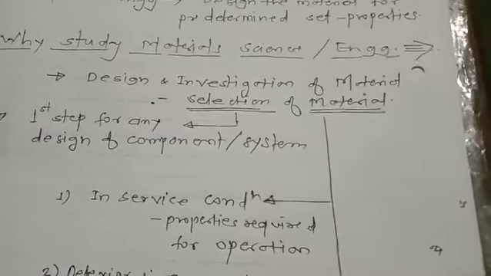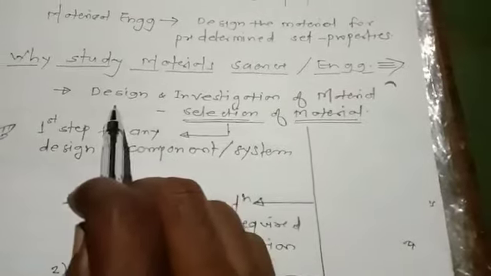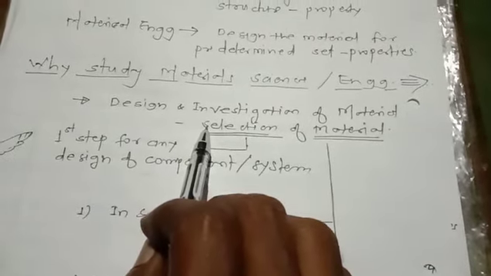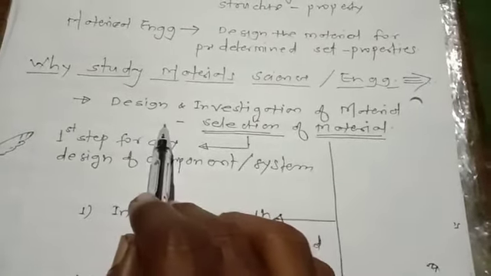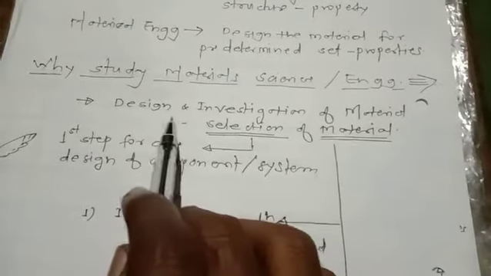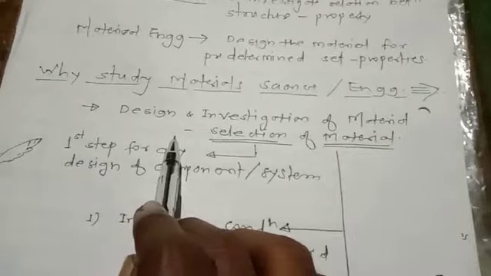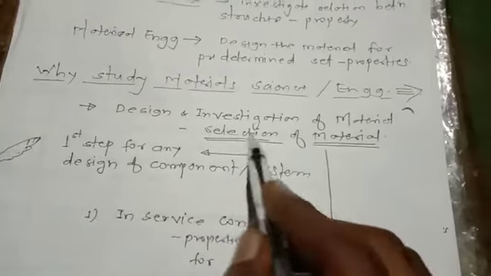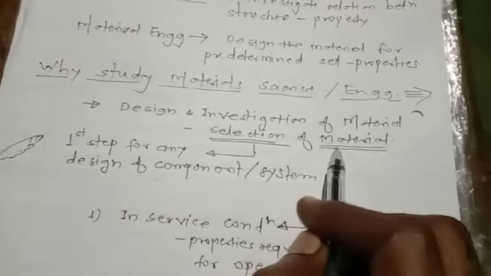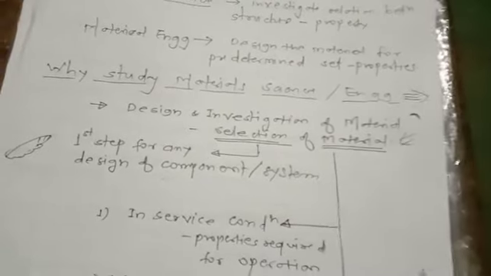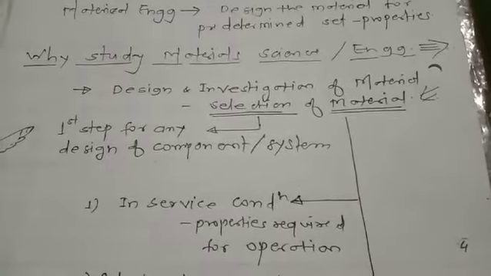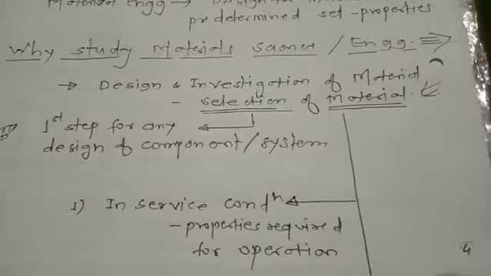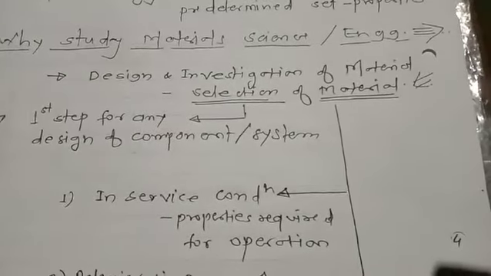The important thing is, if you want to design any component or develop any system, meaning if you want to make a new component, for example a propeller shaft, a piston rod, or a piston, any component you want to design, then the first process is selection of the material, and this is very, very important. Means the first step while designing any engineering component is to decide the material, and that material will be decided on the properties.